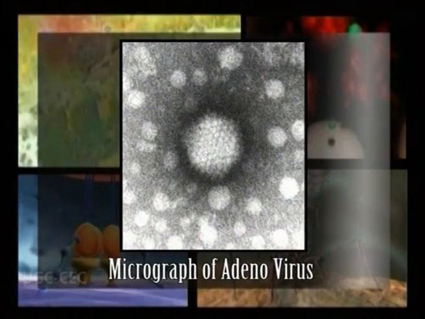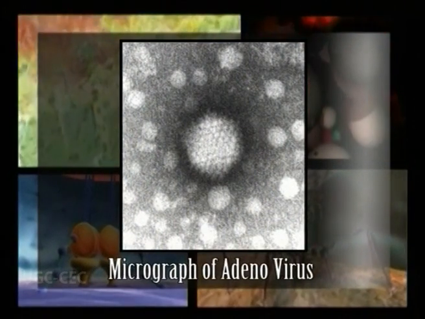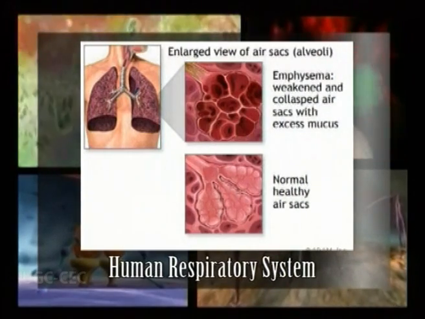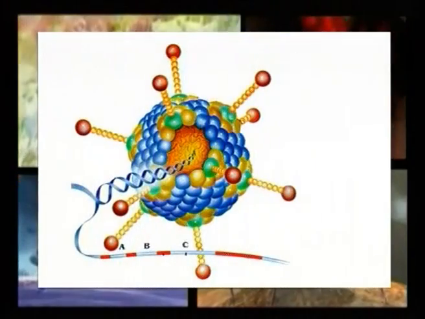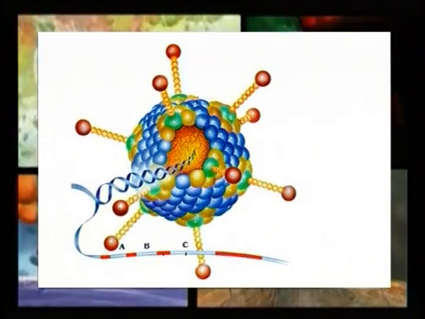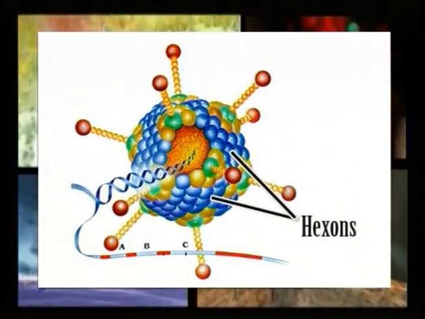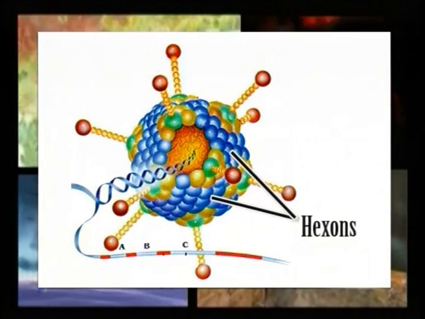The adenoviruses are DNA-containing viruses which cause mild respiratory infections in humans. Some adenoviruses cause tumors in animals. The virus has a diameter of 75 nanometers and its coat consists of 11 to 15 distinct proteins. The major coat proteins are called hexons and constitute the major proteins of the faces of the icosahedron.